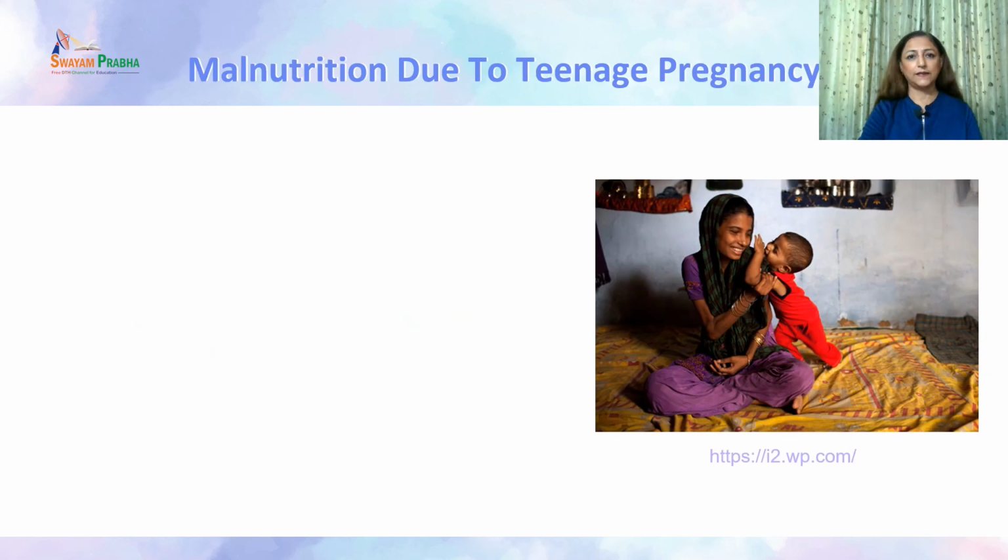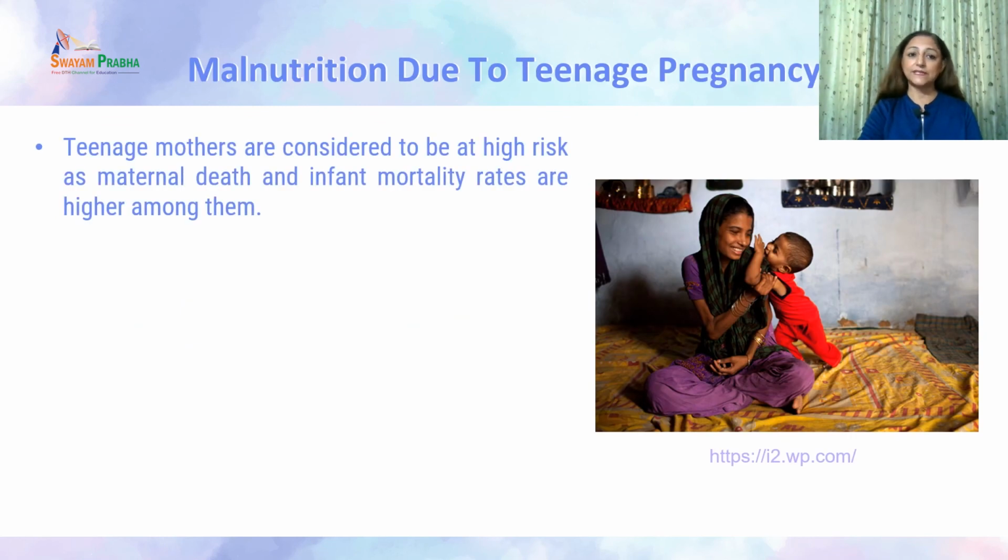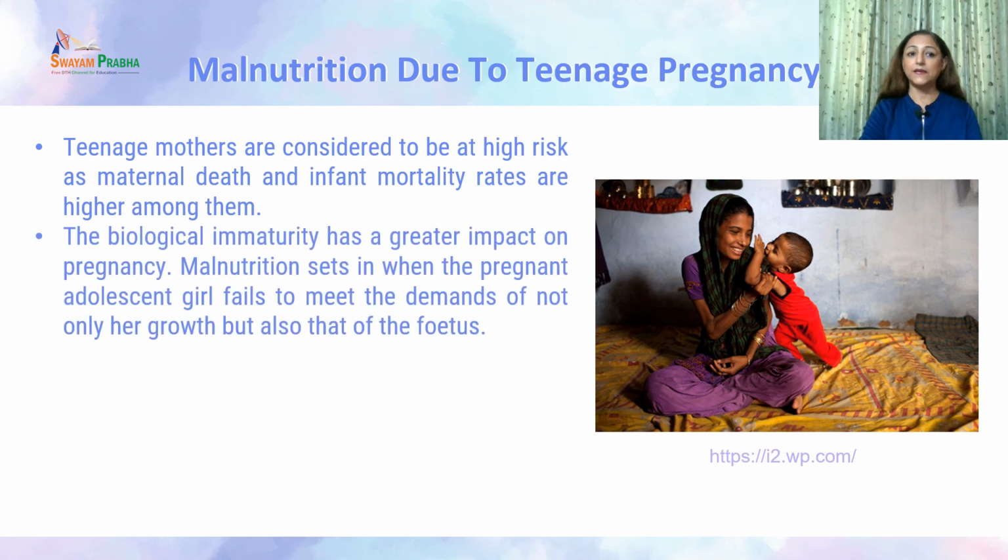Teenage mothers are considered to be high risk as maternal death and infant mortality rates are high among them. The biological immaturity has a great impact on the pregnancy. So malnutrition sets in when the pregnant adolescent girl fails to meet the demand of not only her own growth, but also that of the fetus.